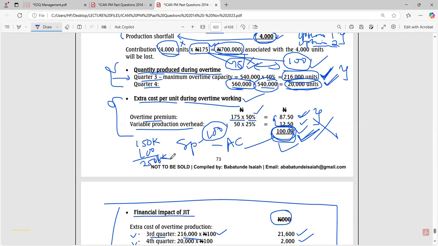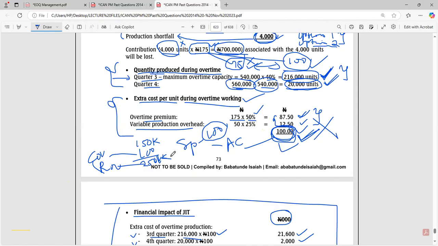So because this question did not tell us what the new price would be, we are using this logic. We are saying that if we work overtime, this 100 naira that we have incurred as cost for overtime will also become a revenue for overtime, because that is going to be the lowest amount we are going to have to get our selling price.